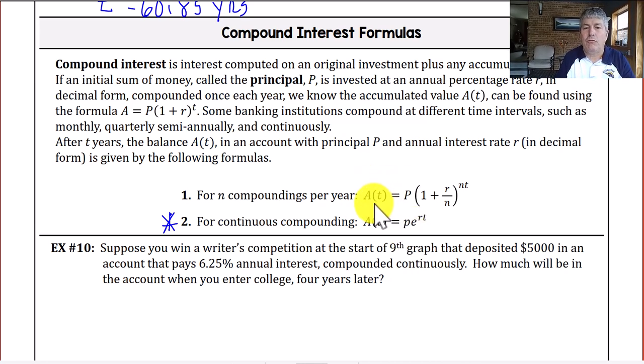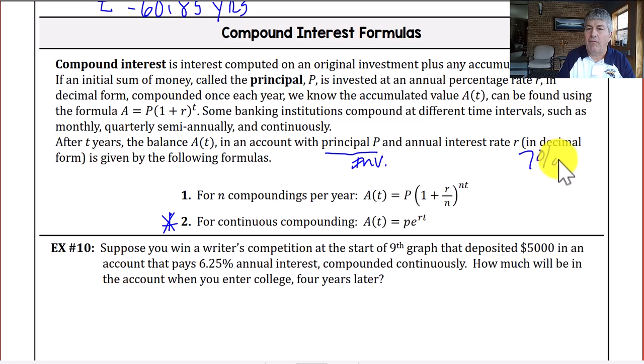So here are two formulas for compound interest. You will have to make sure you've got your data here, but our ending amount, A sub t, equals P. P is our principal, or the amount that we invest. That's our investment amount. And r is the annual interest rate in decimal form.